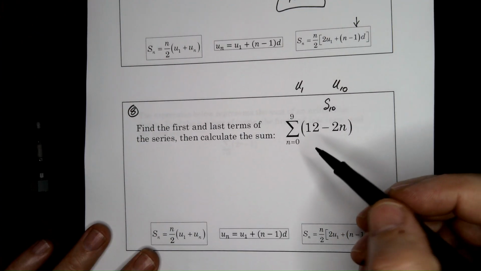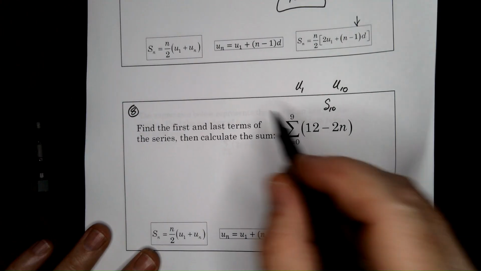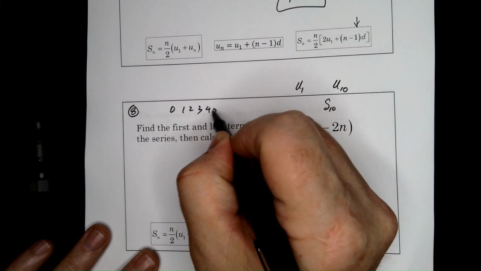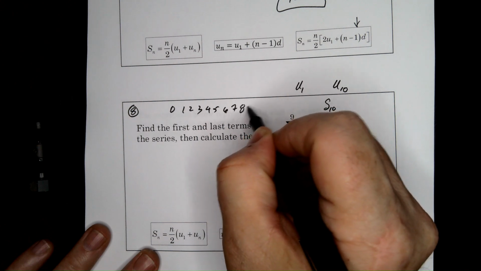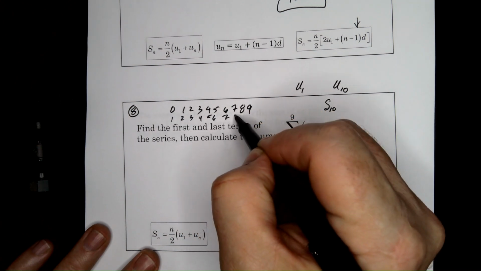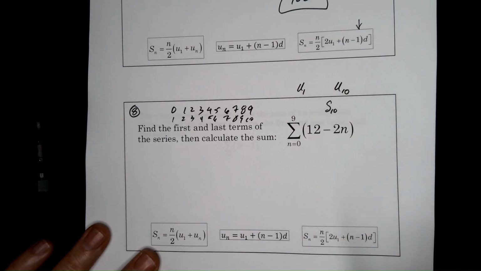The reason I know it's 10 is we're starting plugging in 0 and we're going all the way up to 9. So if you go from 0 to 9, that's 1, 2, 3, 4, 5, 6, 7, 8, 9, 10 terms. You see that? So that's why we're going to use that right there.